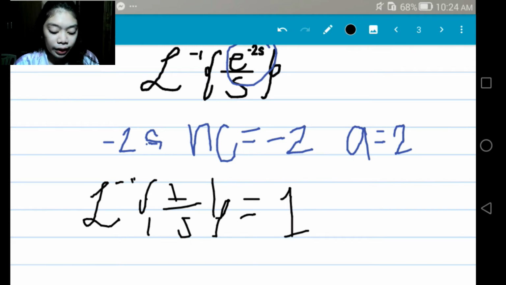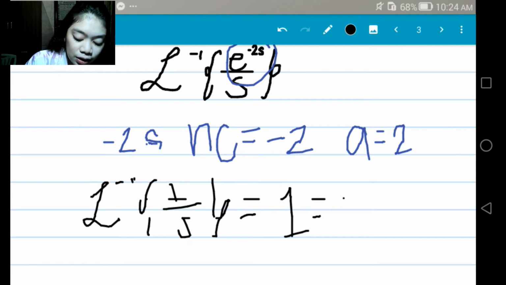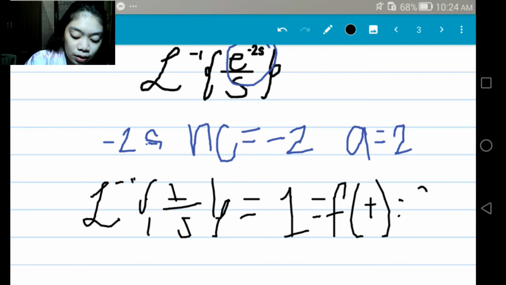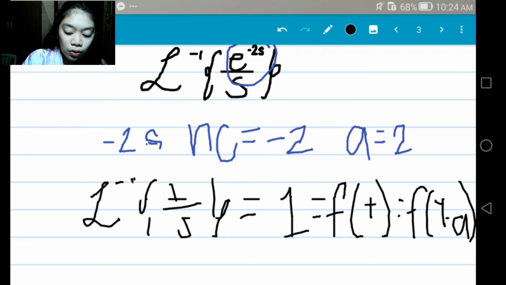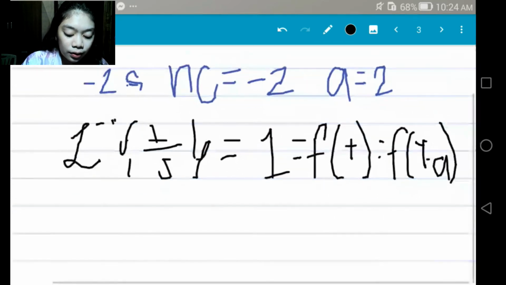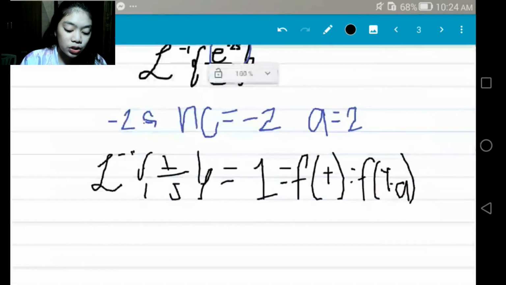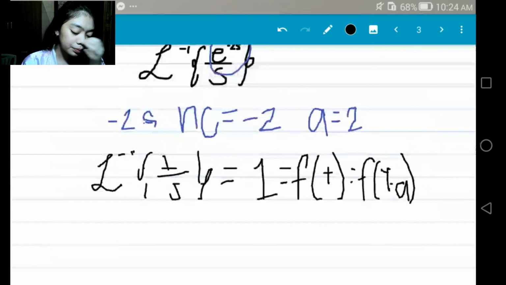So, 1 is our f of t, which also equals f of t minus a. So now we only need to find the u of t minus a. Let's put everything in one equation.